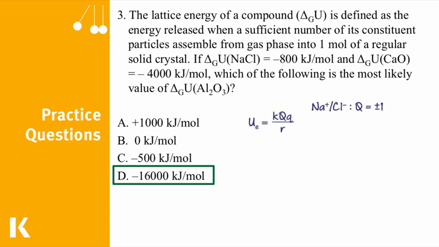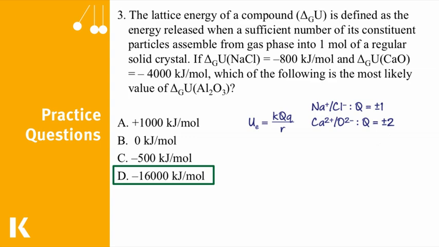Sodium chloride, with a positive 1 sodium and a negative 1 chloride, has two equal and opposite Q values of 1 and negative 1. Calcium oxide, on the other hand, has a positive 2 and a negative 2. So if you plug that into the electric potential energy equation, you wind up with 2's in the numerator instead of 1's, resulting in a more negative value for the potential energy.